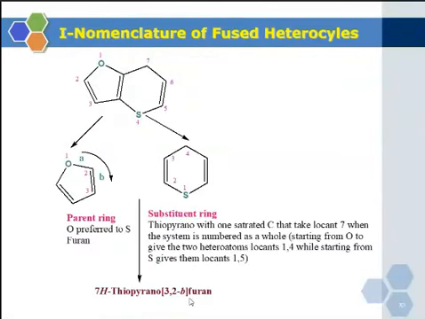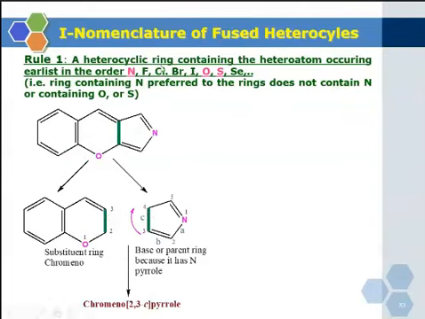Now let us see another example. Here also we can see there are two rings fused. Which one will become the parent and which one will become the substituent? Now if we remember the priorities list, nitrogen is given higher priority as compared to oxygen and sulfur.